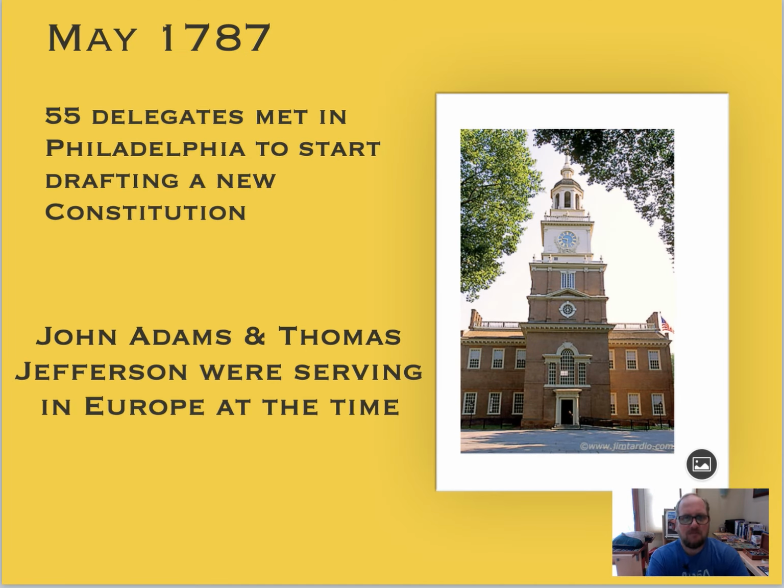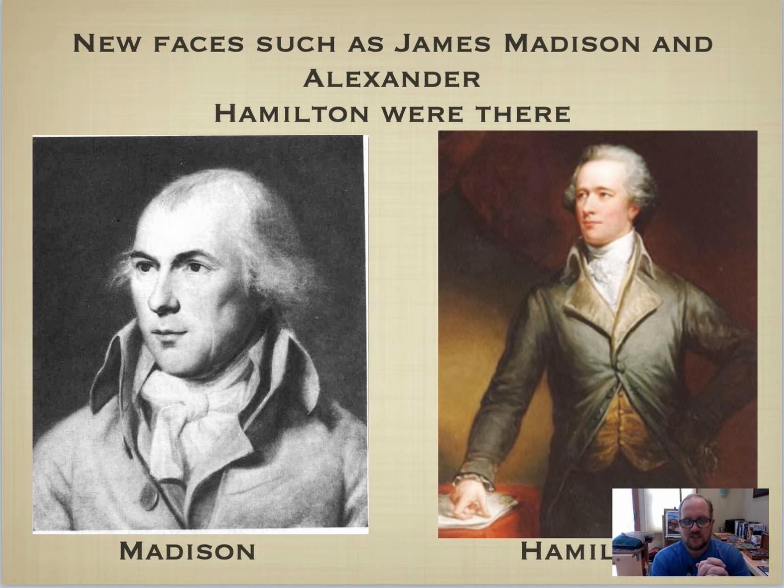They were going to meet in May of 1787, 55 delegates from all the different states. Two people that were a big part of the first set of laws and the Declaration of Independence will be in Europe, serving as ambassadors, for France and England, with John Adams and Thomas Jefferson serving there. We're also going to have two new sets of faces that are going to be very integral in this early period of American history: James Madison from Virginia and Alexander Hamilton from New York.